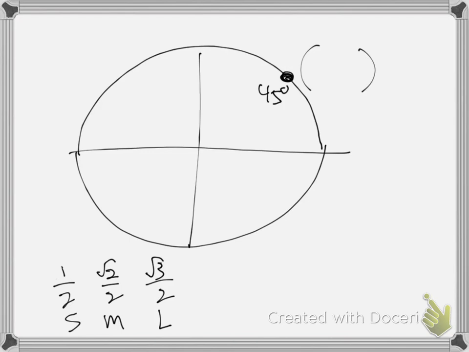Okay, and so what's going to go here? This is over a medium amount, up a medium amount, to be right in the middle. So this is root 2 over 2, root 2 over 2 for cosine, sine. Cosine's always the first one, then sine for any point on the unit circle. And then the other angle is 60 degrees, which is almost to 90, almost to straight up.